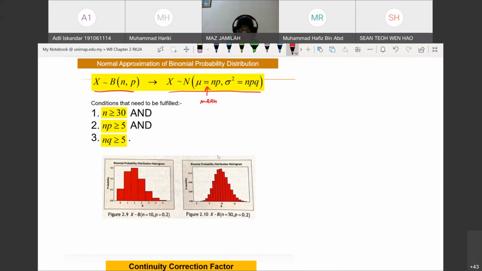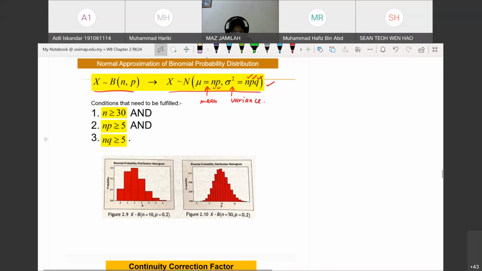The mean is obtained by multiplying the number of trials with the probability of success. What about the variance? The variance is the number of trials multiplied by the probability of success and the probability of failure. So that would be the approximation that you need to use for the standard normal.